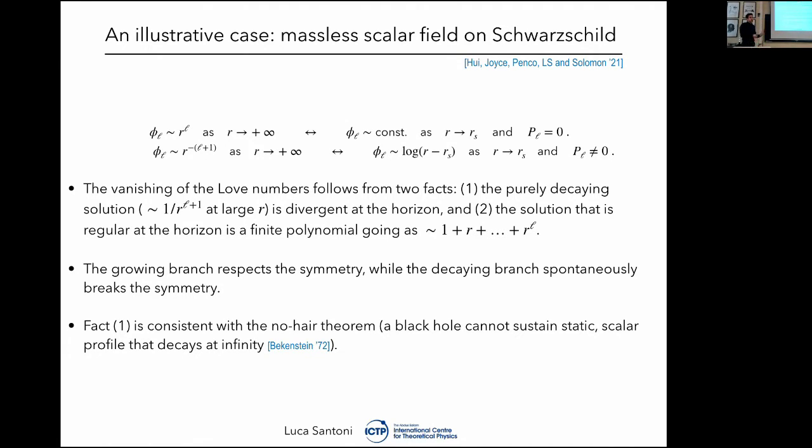In this sense it is linearly realized, and the decaying branch spontaneously breaks the symmetry, so it is non-linearly realized. Fact 1 is consistent with the no-hair theorem, the fact that a black hole cannot have a static scalar profile that decays at infinity.